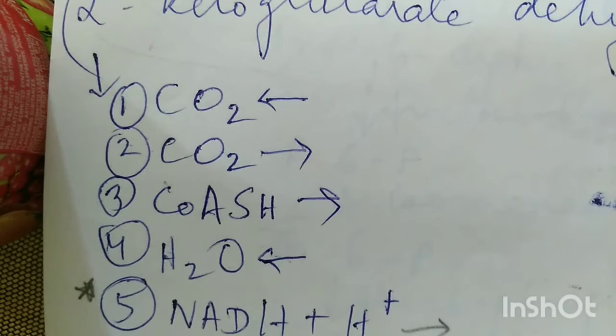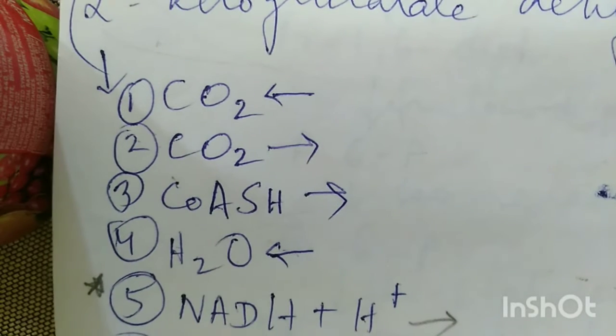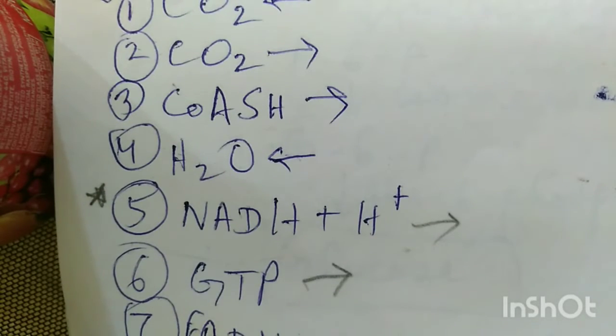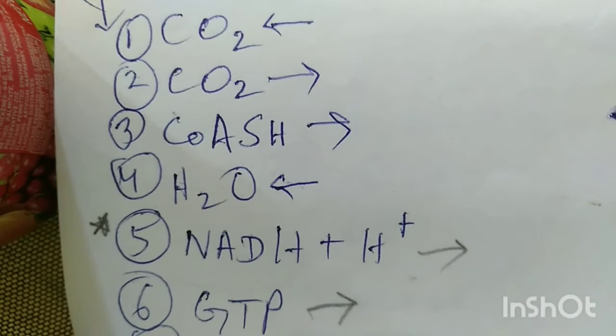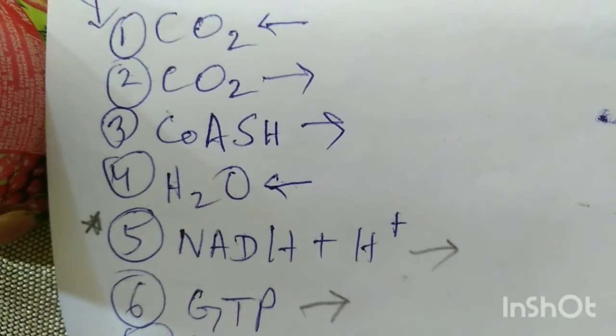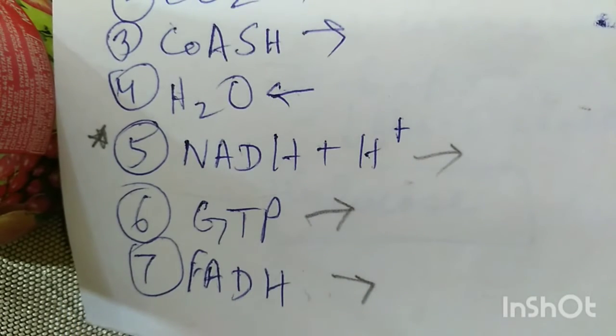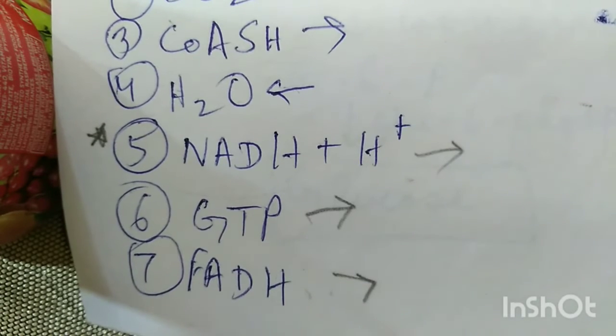Okay. In number 5 reaction, NADH plus H is given out. In number 6 reaction, GTP is given out, or it is formed, all are the same.